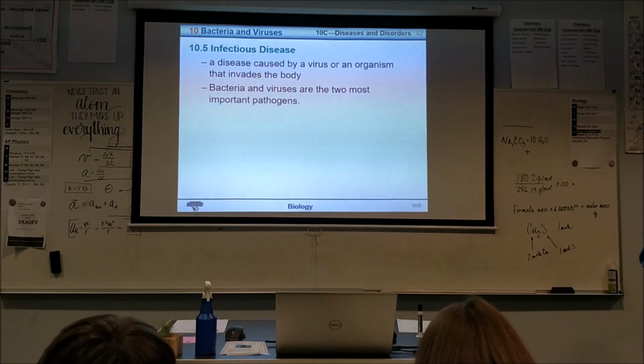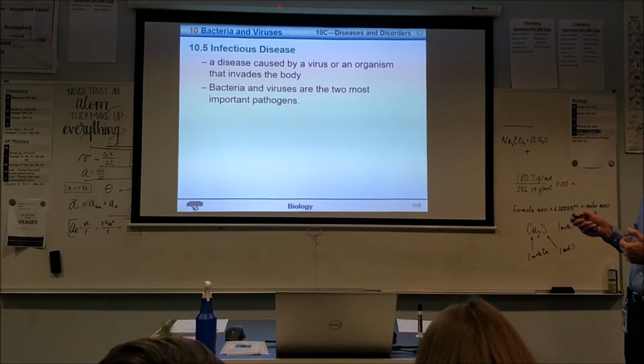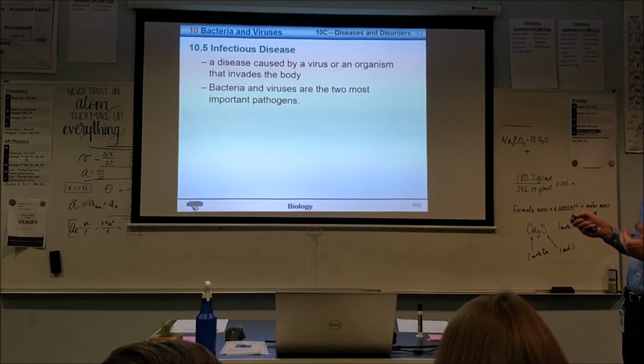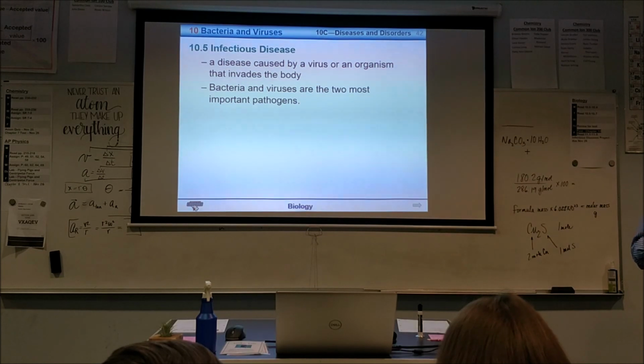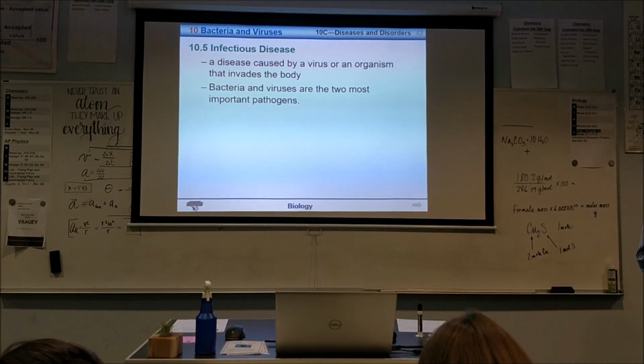Okay, back to it. The infectious diseases report could be on bacteria or viruses. Infectious diseases are diseases that are caused by a virus or some other organism. It doesn't have to be a bacteria necessarily. Some of the ones I've listed are not viruses or bacteria.